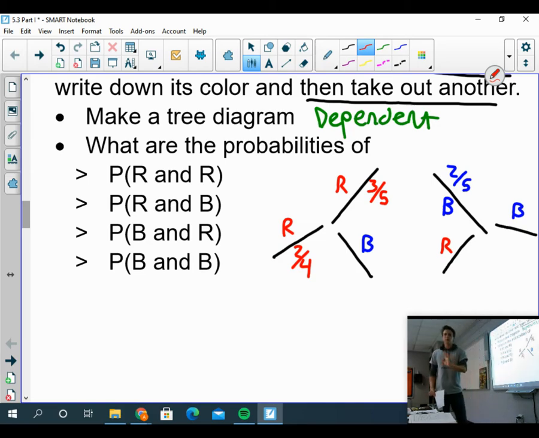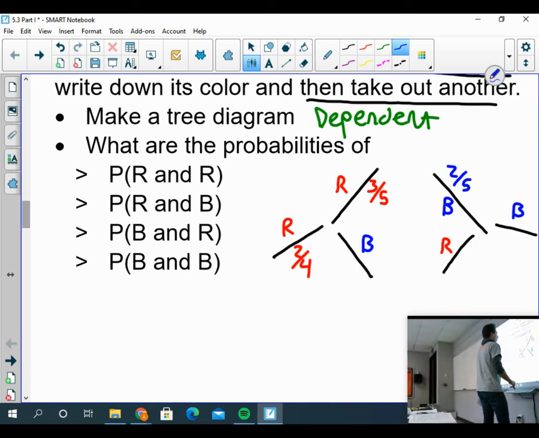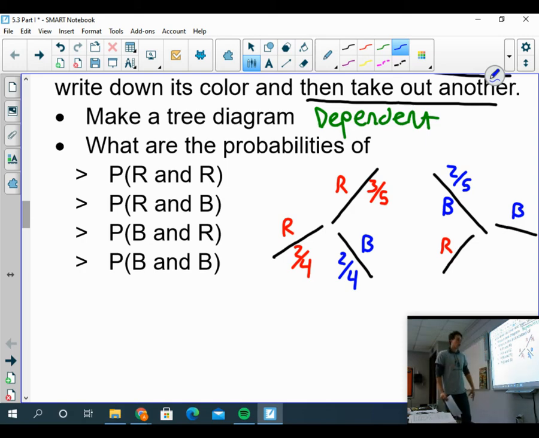If I don't replace it, now I only have 4 balls in the bucket, and I already took out a red one, and so there's a 2 in 4 chance. The blue, on the other hand, is also going to be a 2 in 4 chance. Again, there were 2 blue balls initially in the bucket, and if I take a red one out first, it doesn't change the number of blue balls in the numerator, but it will change the overall number of balls in the bucket.